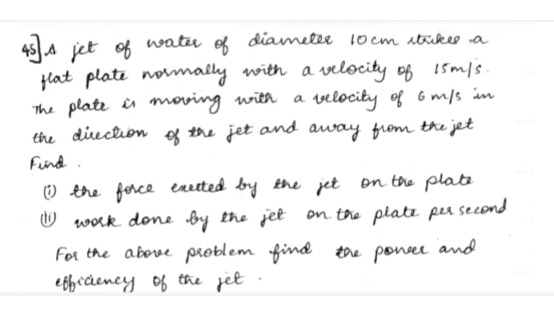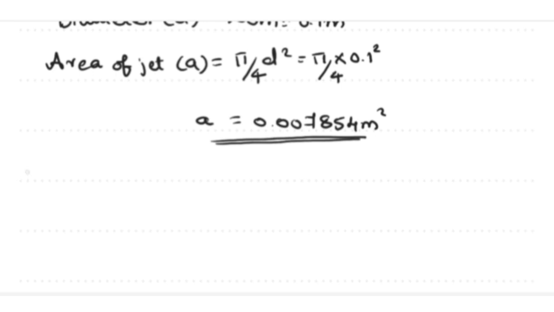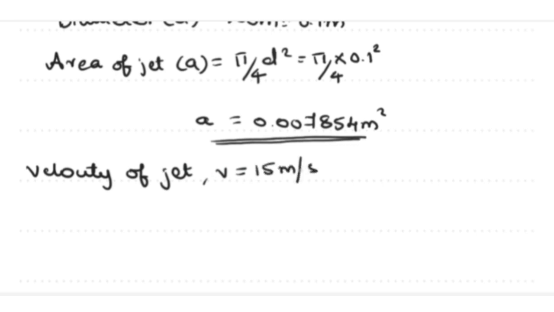Next, let us see what is given. The velocity of jet v is given as 15 meter per second.